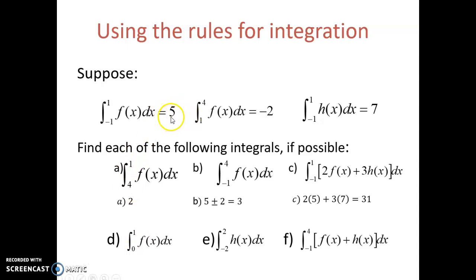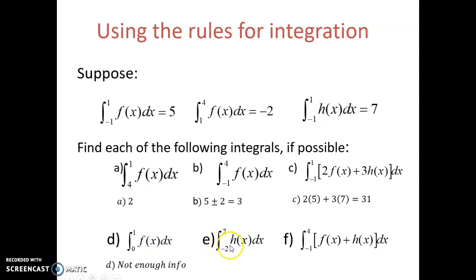We can't assume it's half of 5, which is 2.5, because we don't know what this function f looks like. f may be going up tremendously from -1 to 0, and then just going down a little bit from 0 to 1. We don't know what f is looking like. So we don't have enough information to answer this particular scenario.